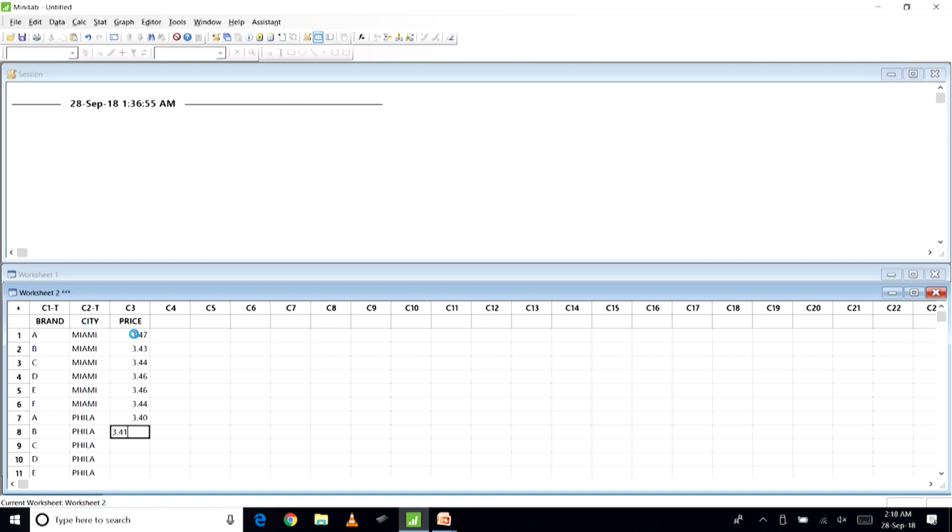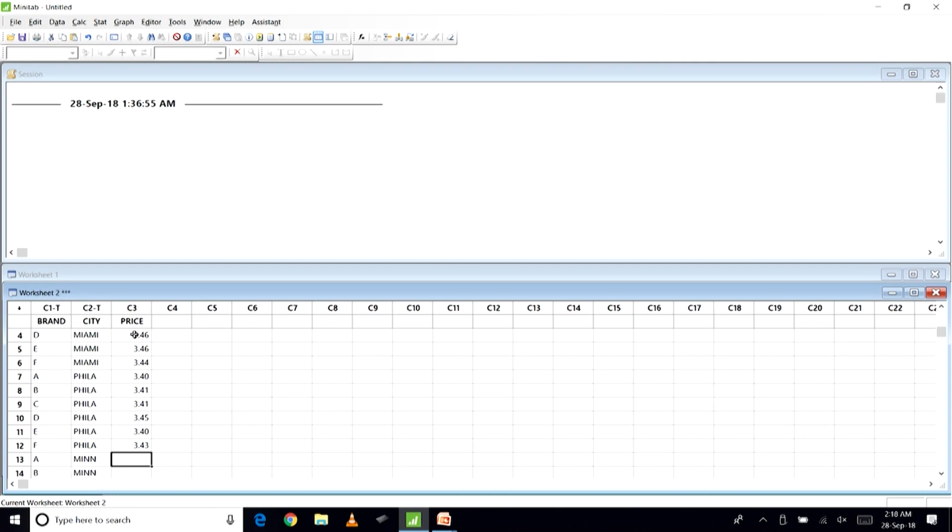Then the prices of these 6 brands in Philadelphia. This is brand A, the third city 3.38, then 3.42, brand C, then D, E and F, right. Now, we are left with 2 more cities for all these 6 brands.